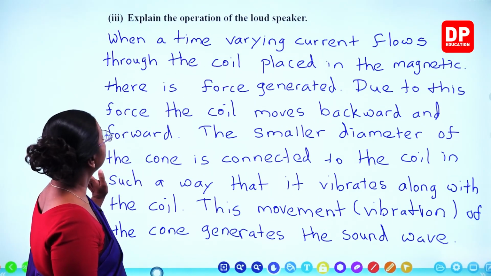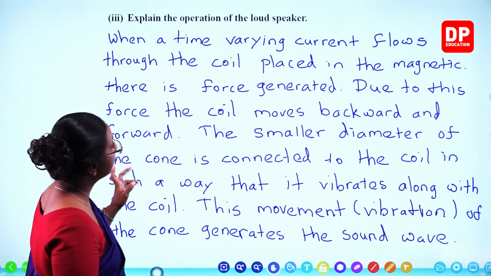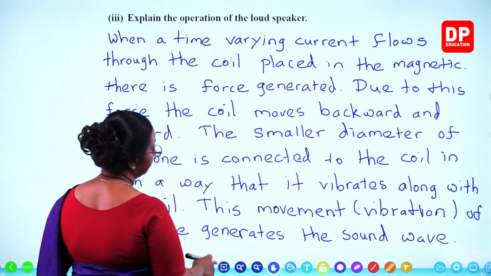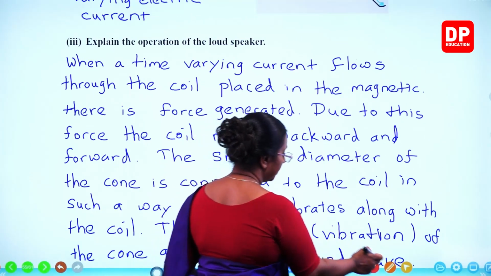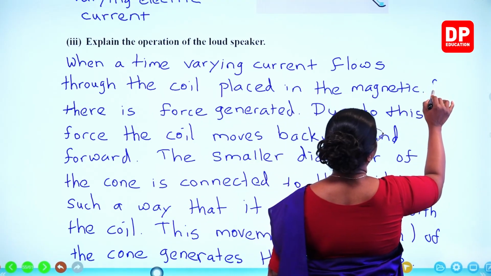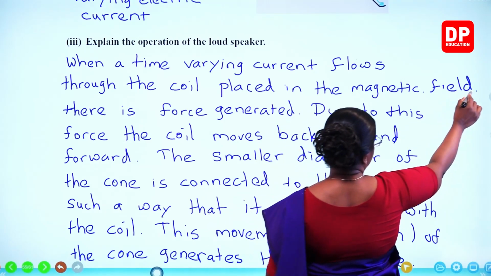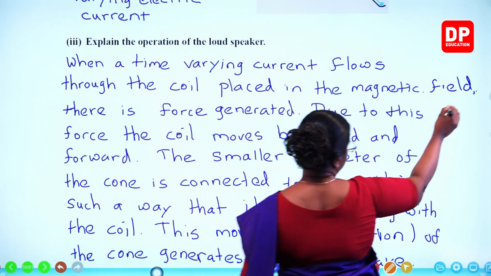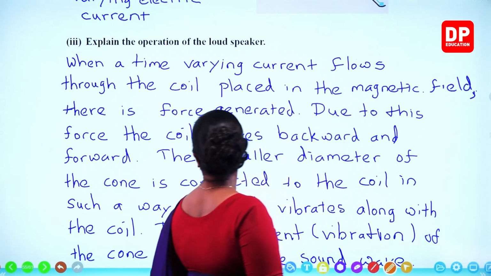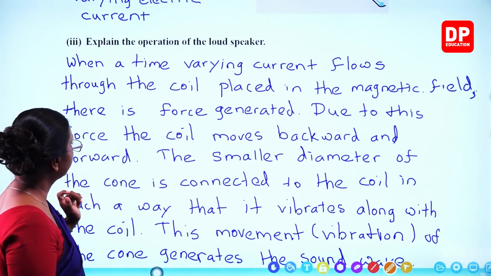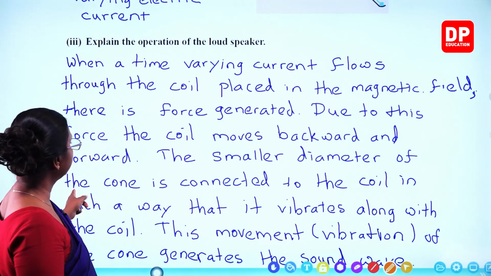When a time varying current flows through the coil placed in the magnet, it should have been magnetic. It should be magnetic field. Magnetic field, there is force generated, and due to this force, the coil moves backward and forward.